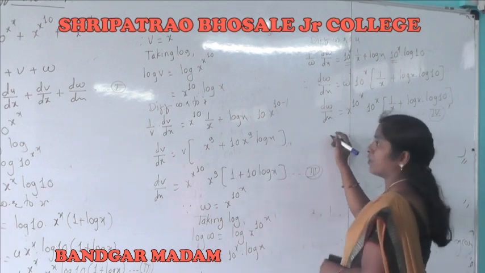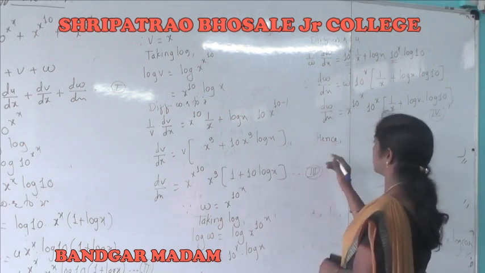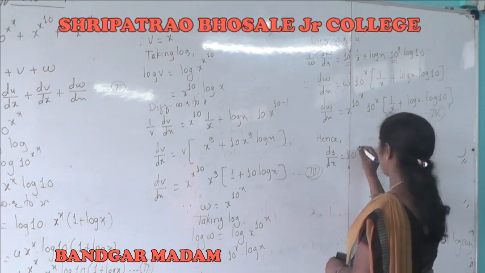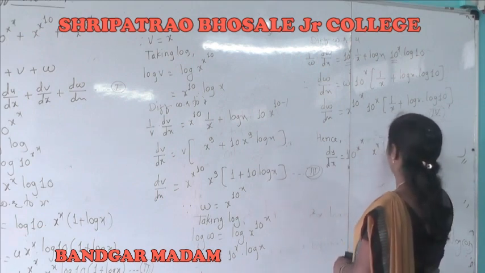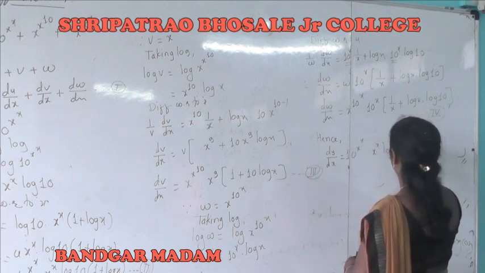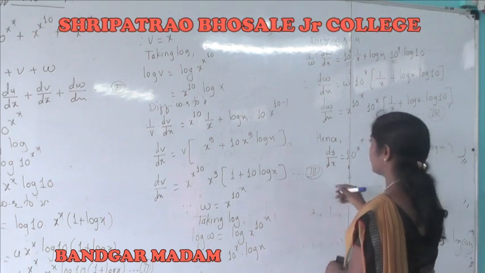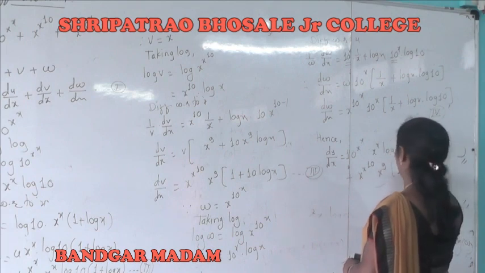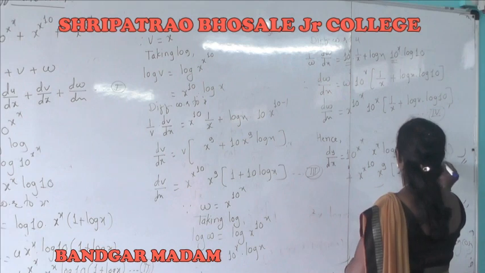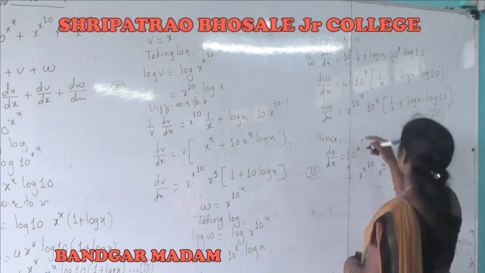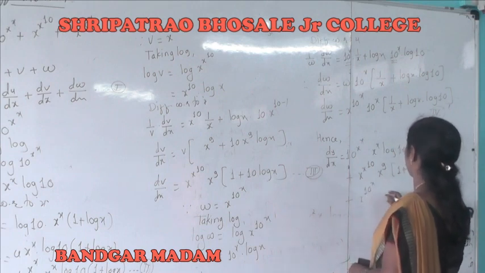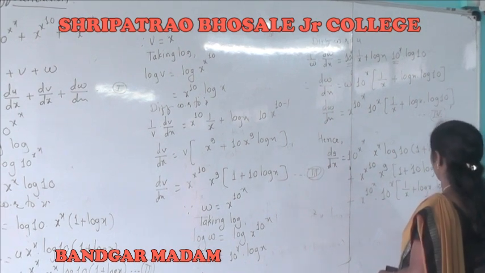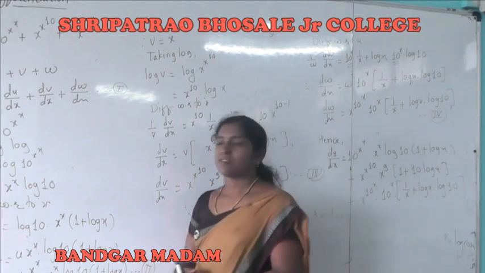Hence from equations 2, 3 and 4, we get the final answer: dy by dx is equal to 10 raised to x raised to x into x raised to x log 10 in bracket 1 plus log x, plus the third one, x raised to 10, x raised to 9, 1 plus 10 log x, plus the fourth one, x raised to 10 raised to x into 10 raised to x, 1 by x plus log x into log 10, which is our final answer. This is dy by dx.